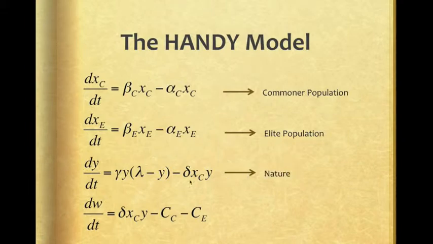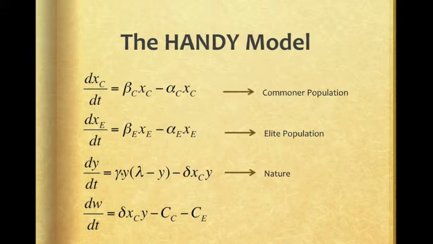Nature's got also positive and negative sides to it. The positive side of nature is what we call the ability of nature to regenerate, and is driven by something very similar to a logistic equation.